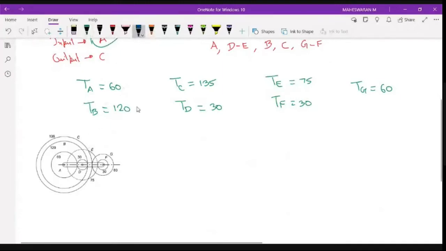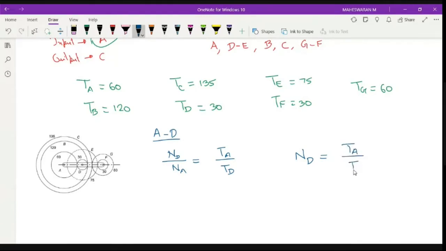So first we will relate one by one. We will relate A and D first, because that's the first relation. My formula will be ND by NA is equal to TA by TD, which in terms of ND is equal to TA by TD into NA.